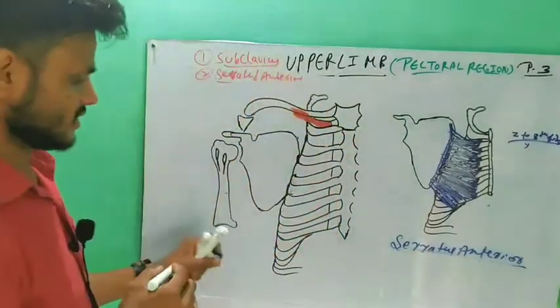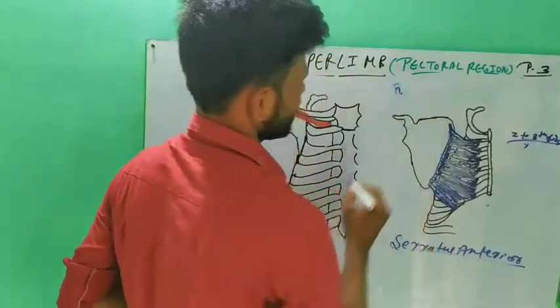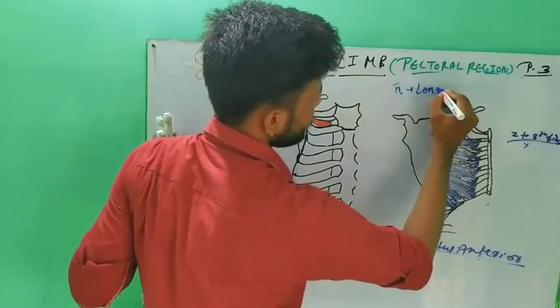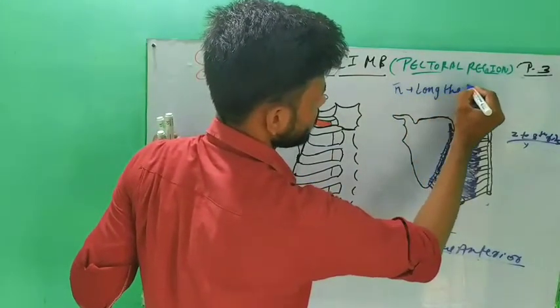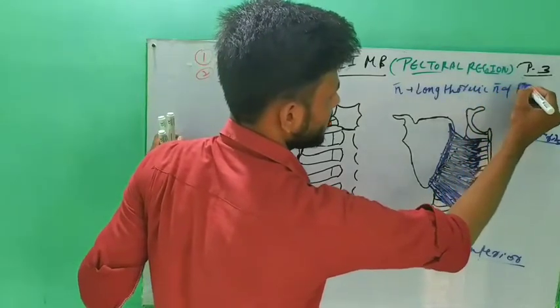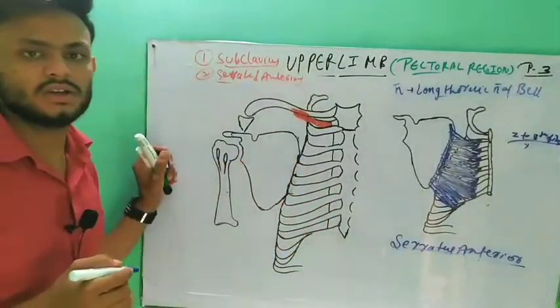Now the nerve supply of the serratus anterior is the long thoracic nerve of Bell.